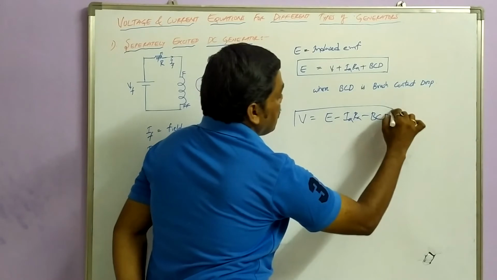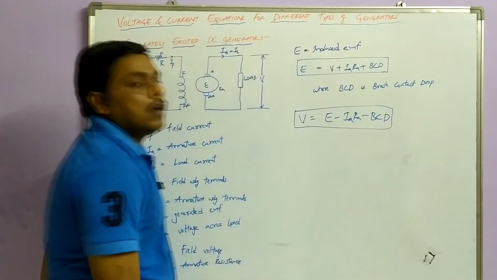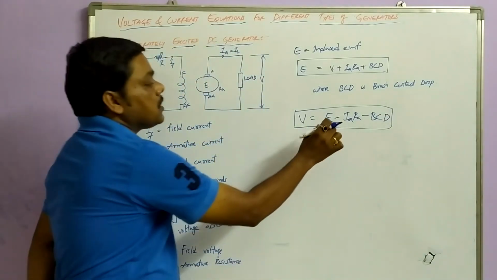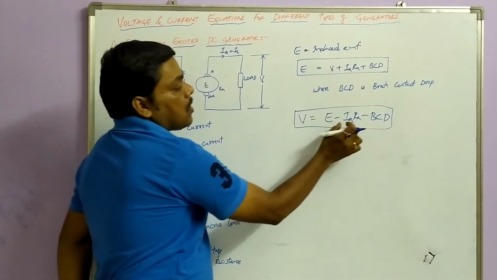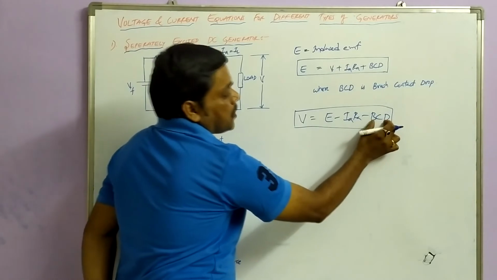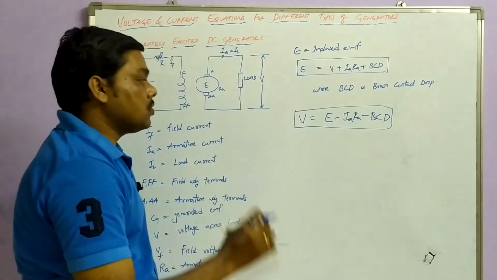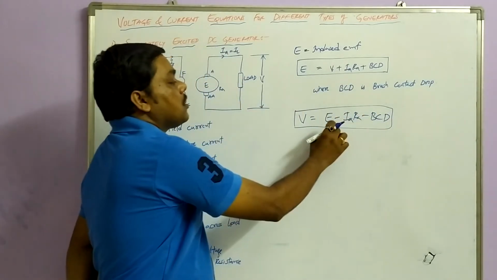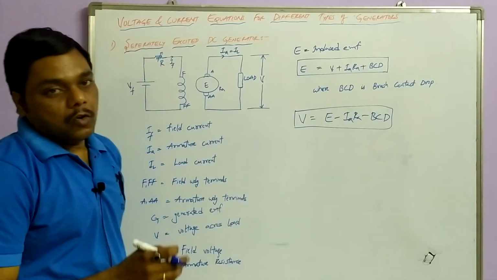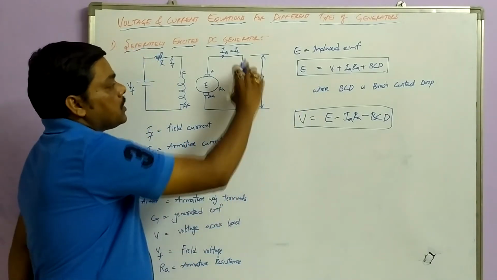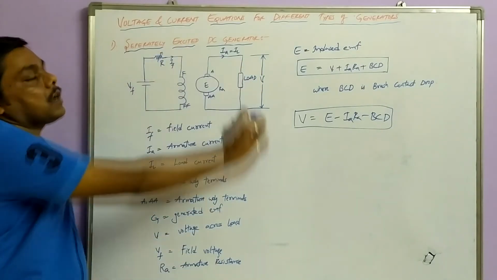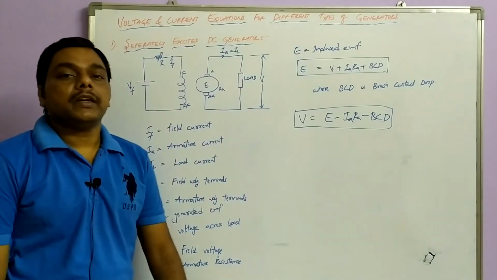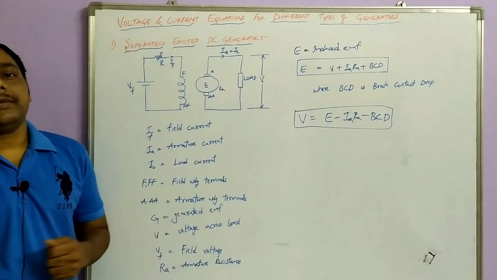The generated EMF is E, but the voltage available at the load is after the drop across the armature and the drop across the brush contact. If you deduct these two drops, you get the actual load voltage. So this is the basic idea of the separately excited DC generator.